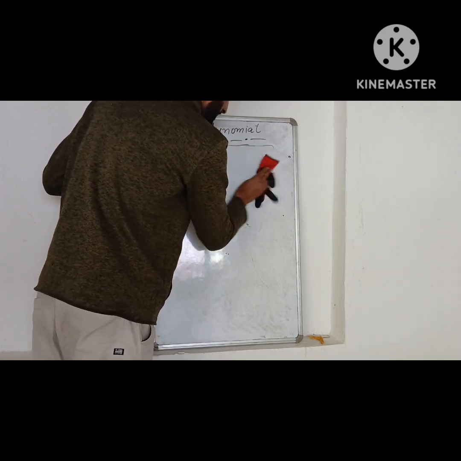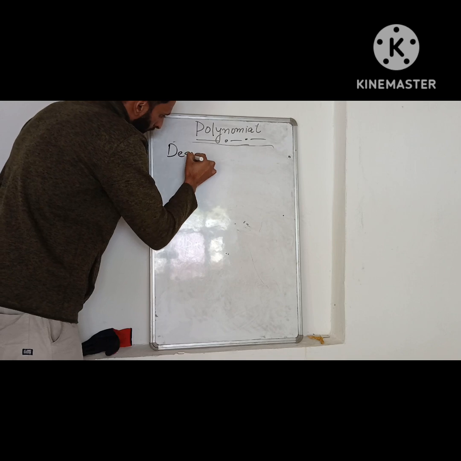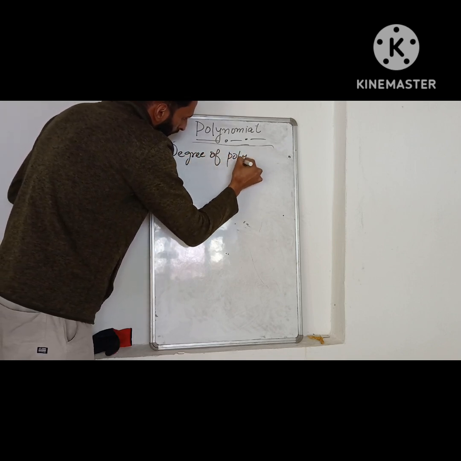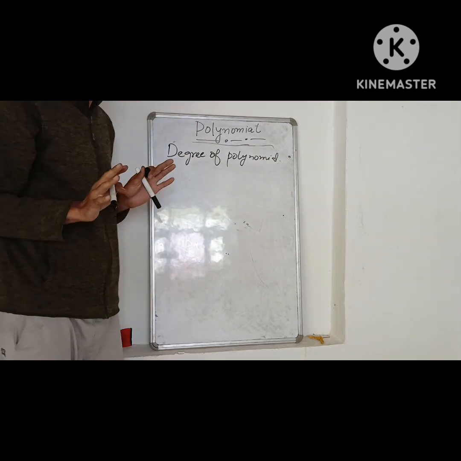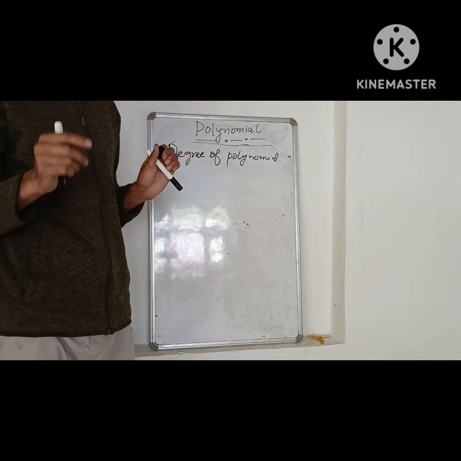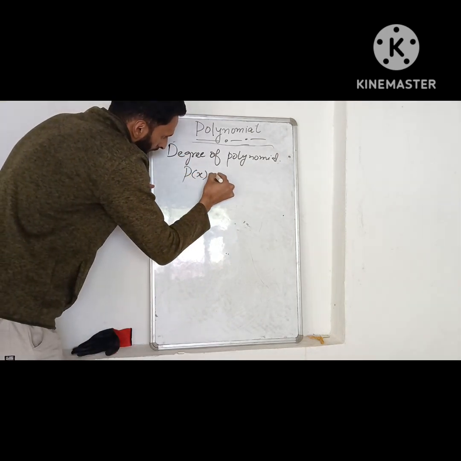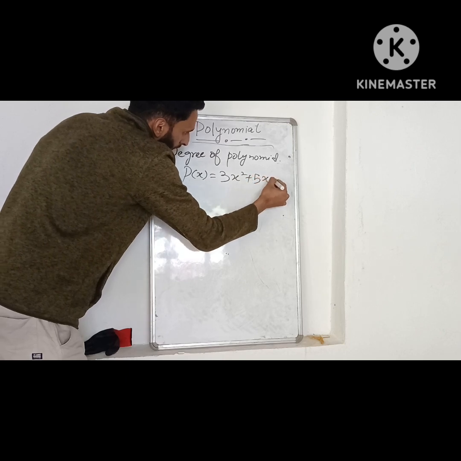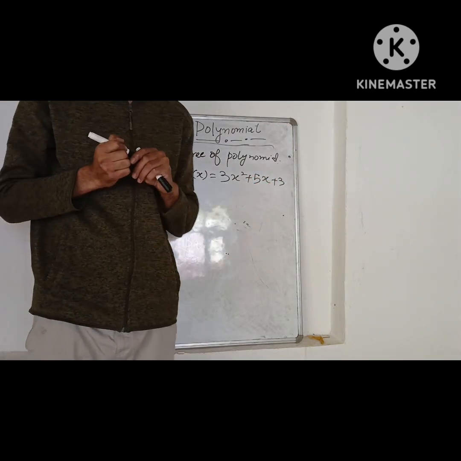Now the next thing is degree of the polynomial. Say I am taking an example, by that you can understand the degree of the polynomial. Say I am taking a polynomial p of x like 3x square plus 5x plus 3. Degree of the polynomial is the highest power.